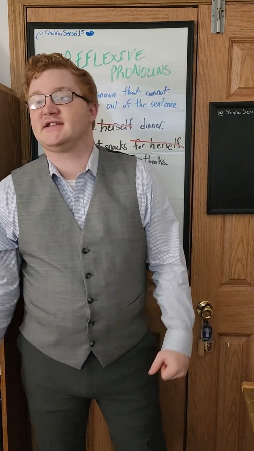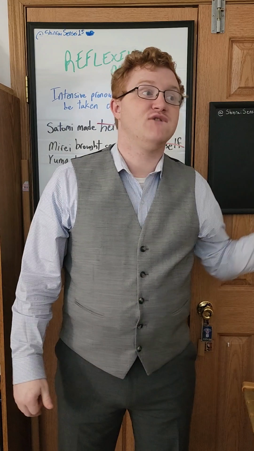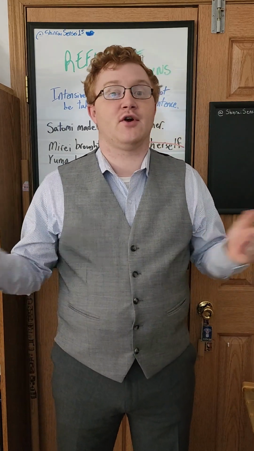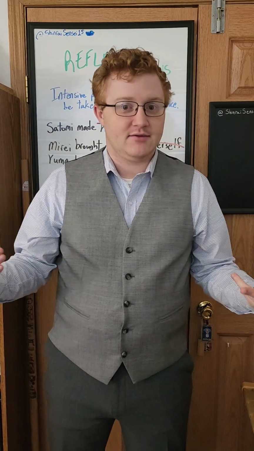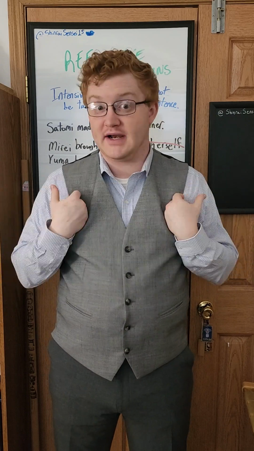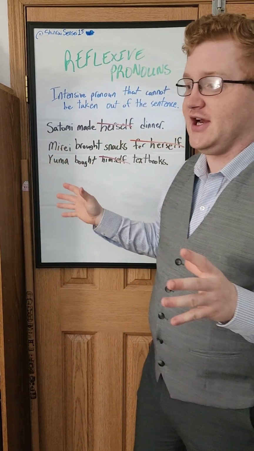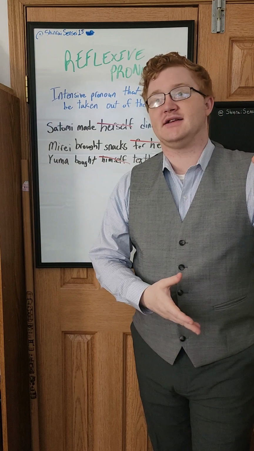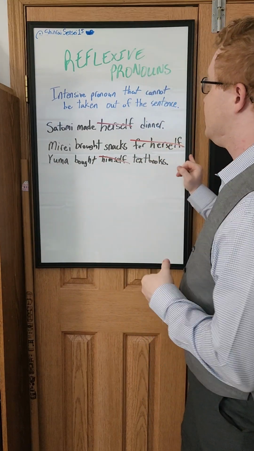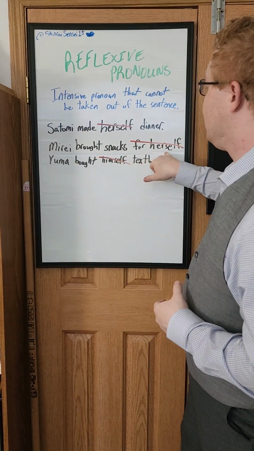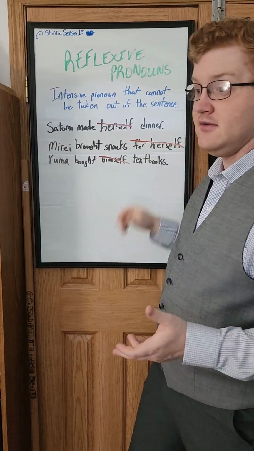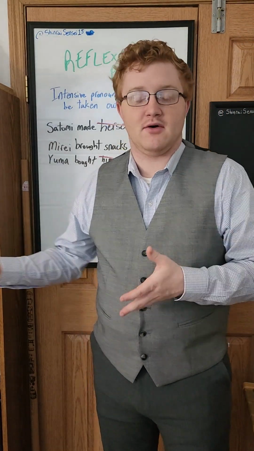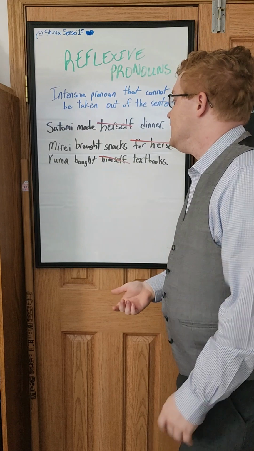That means she brought the snacks. But if I say Mirei brought snacks for herself, then those are her snacks, and we all need to figure out what snacks we're going to have, right? So it completely changes the nature of the conversation, whereas "brought snacks herself" would mean that she just brought them on her own, right?